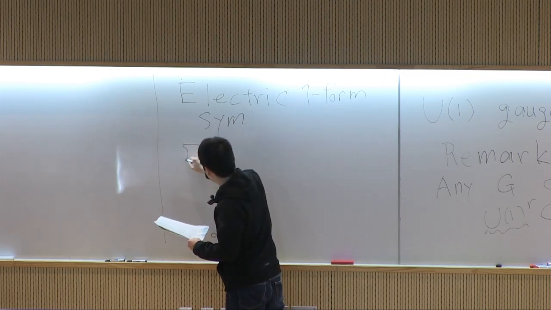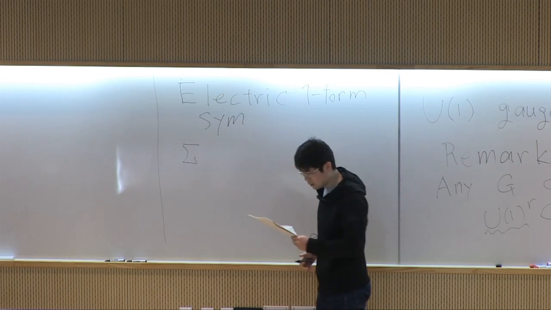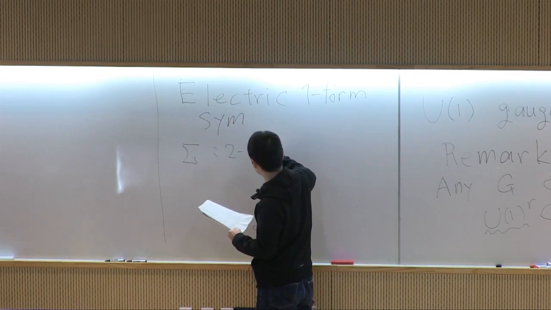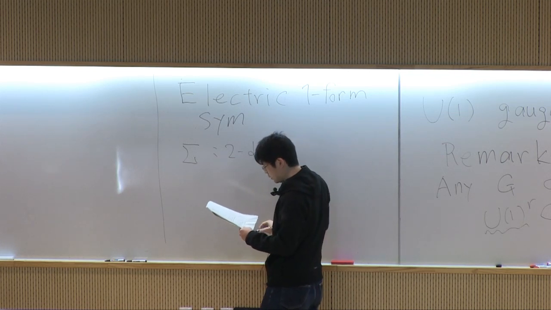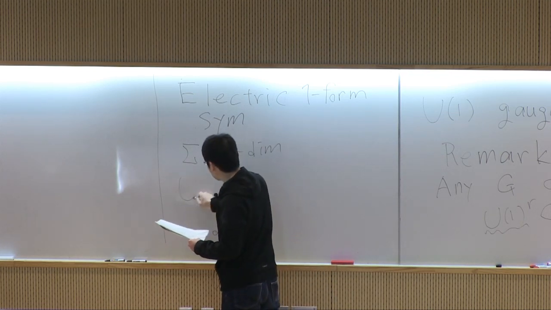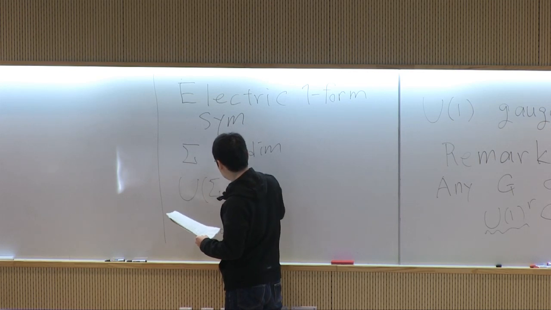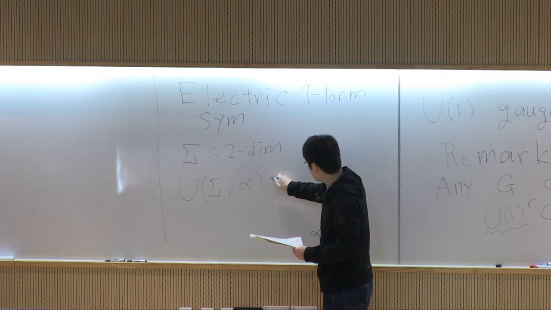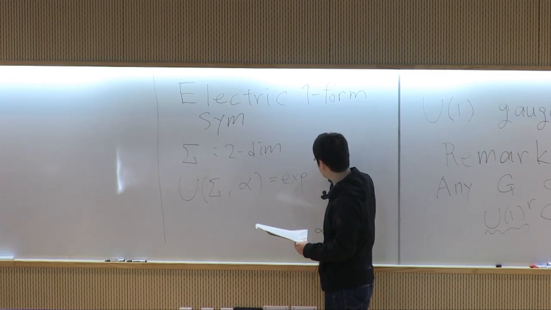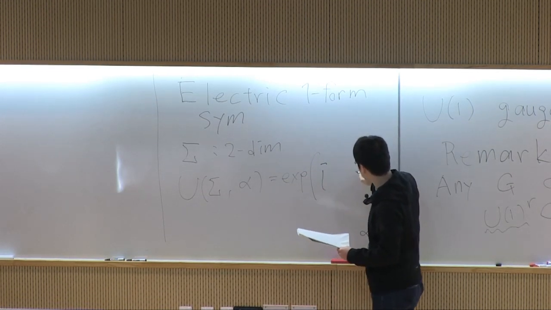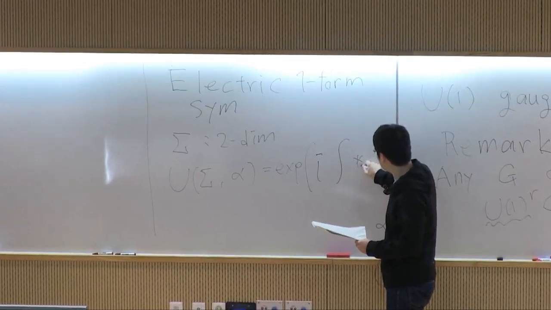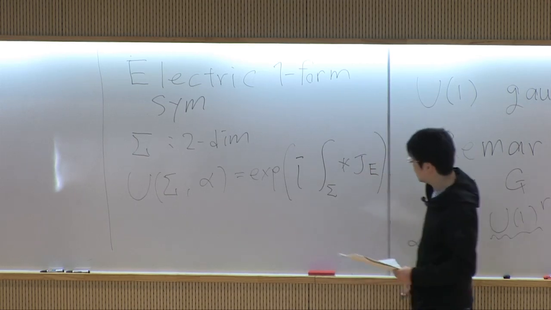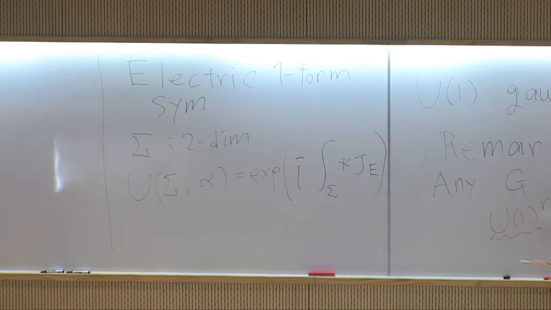First of all, as I discussed yesterday, we take some two-dimensional surface. Then we can define the symmetry operator U as the exponential of the integral of the current over the surface in this way.